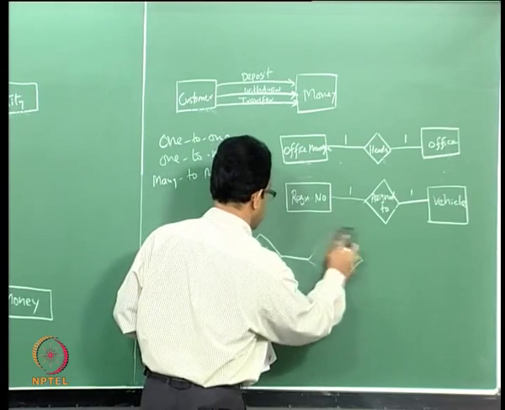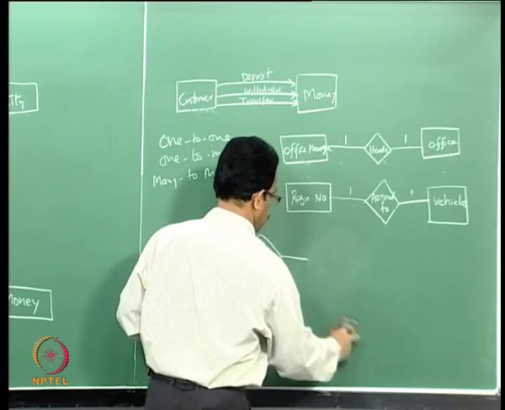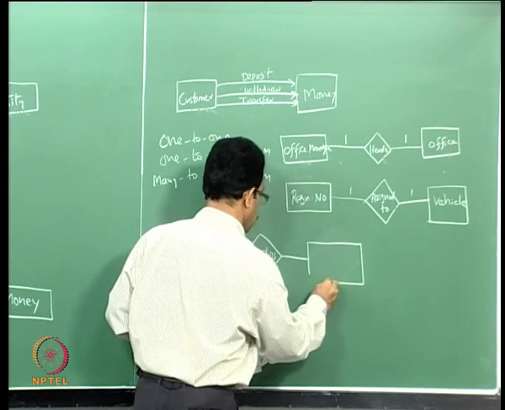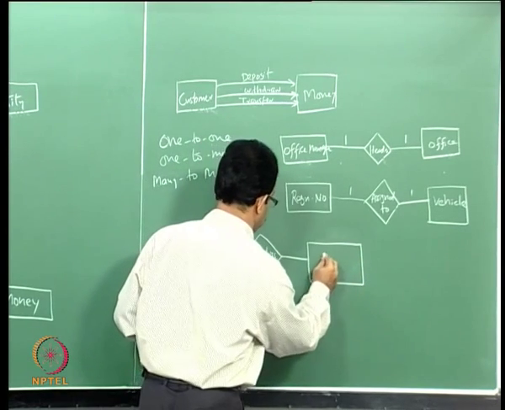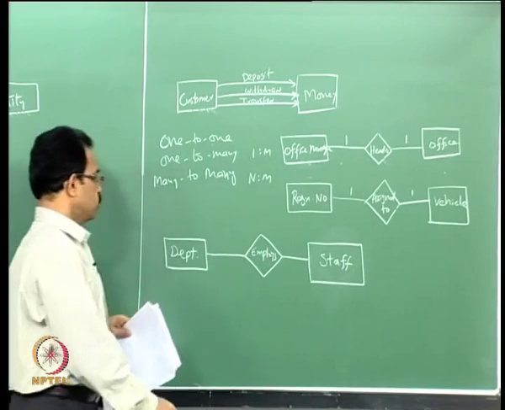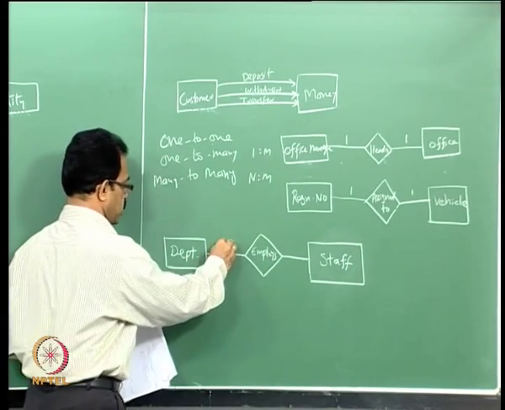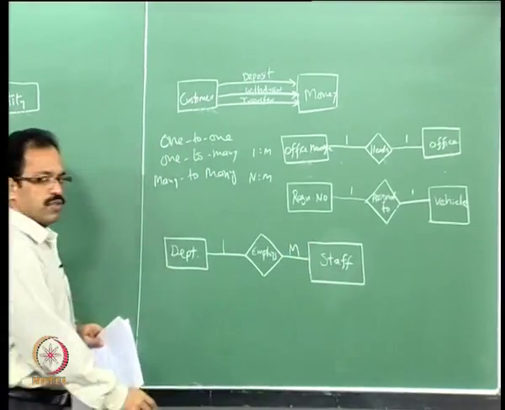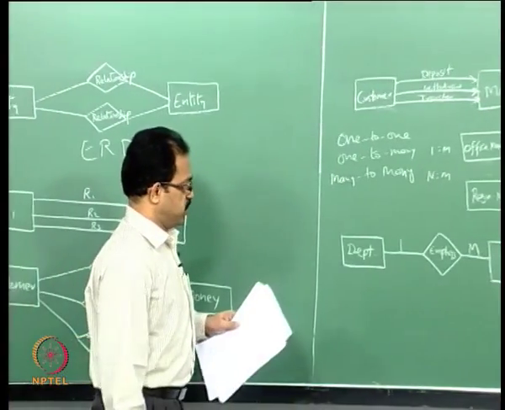It is again an entity. So, a department employs staff. Here you can see that one department will employ many staff. So, this is a 1 to m relationship.